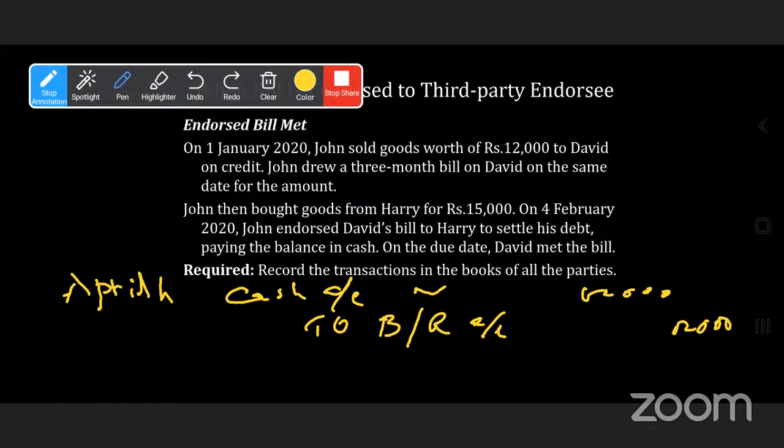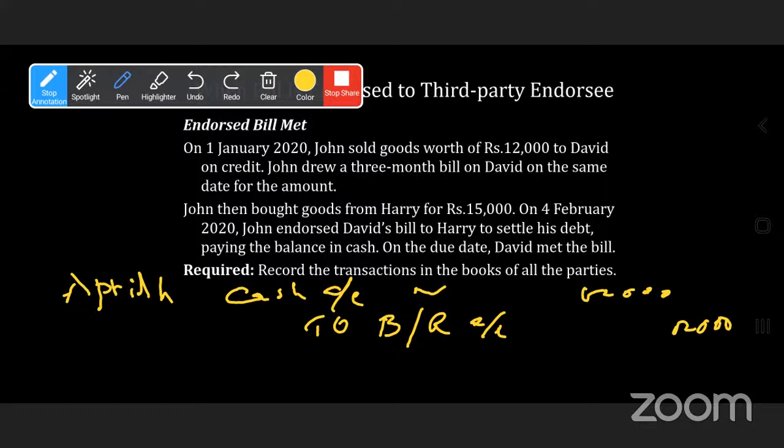Cash account debtor to bills receivable account. You have to write the narration as: amount of bill received.